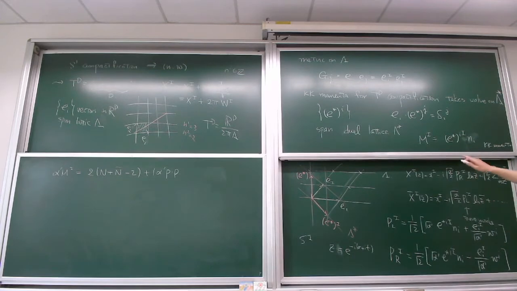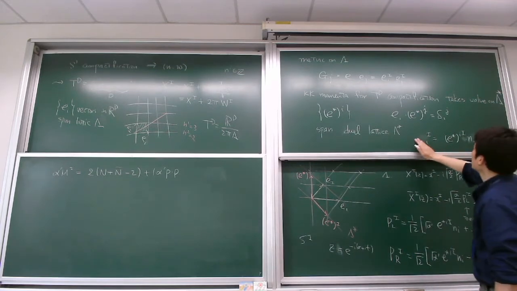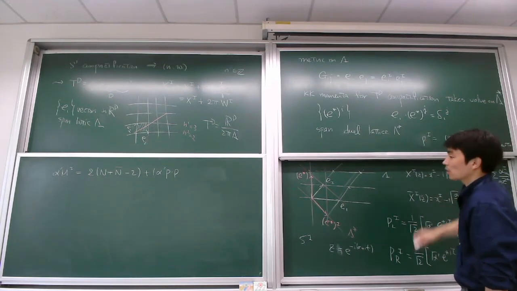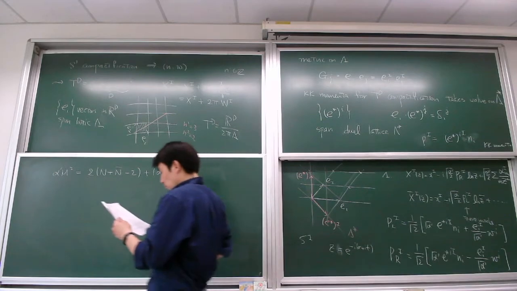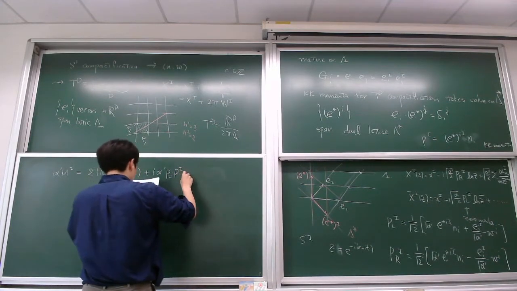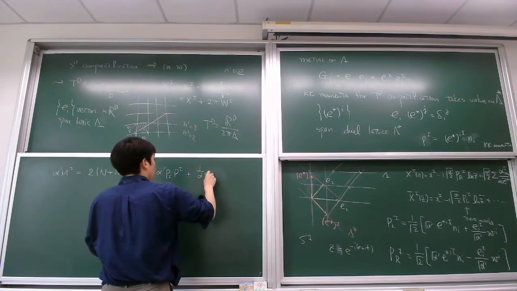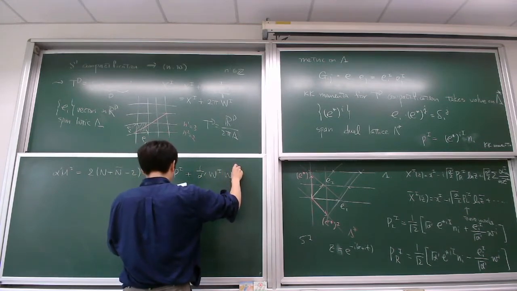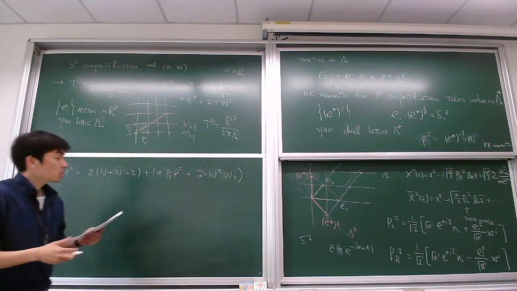Oh, I think I wrote pi. I think I should call it pi. Plus 1 over alpha prime. Okay.